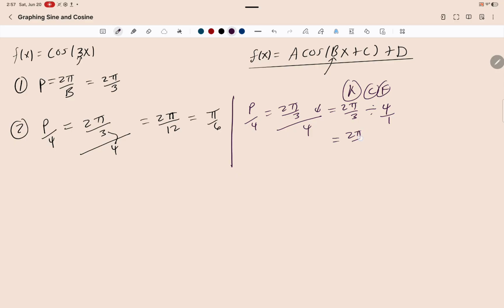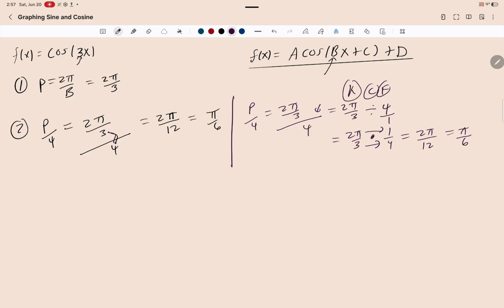So I'm going to keep the first one, then change it to multiplication, then flip it. And remember, for fractions, you multiply straight across. Numerators with numerators, denominators with denominators. So we get 2 pi over 12, so we get pi over 6, the same thing. So just remember, if we have a fraction, all we have to do is multiply the numbers and be done with it.